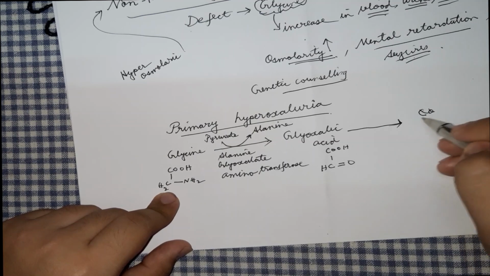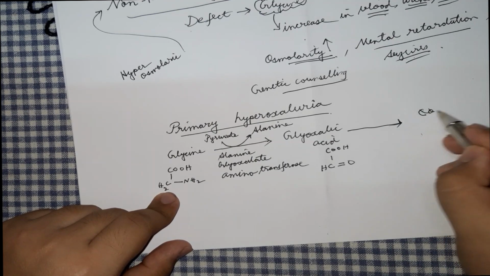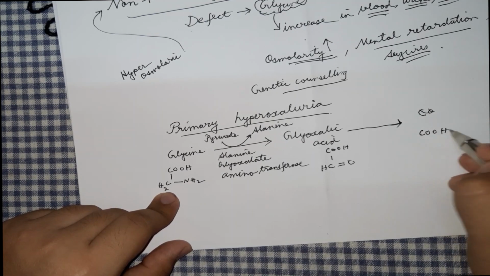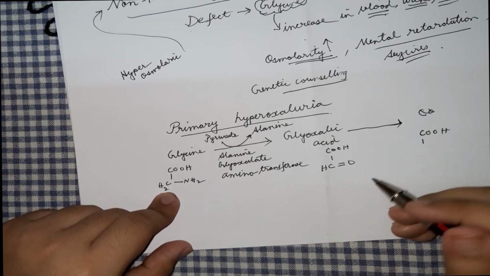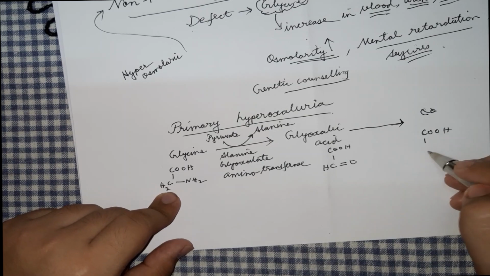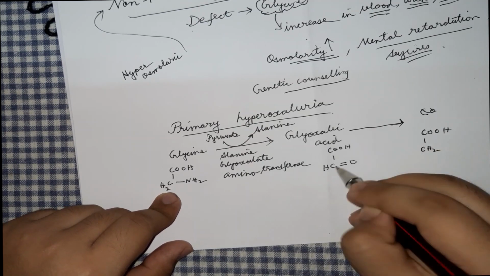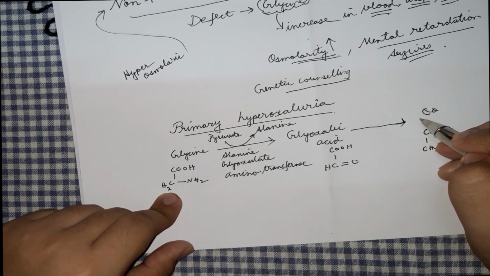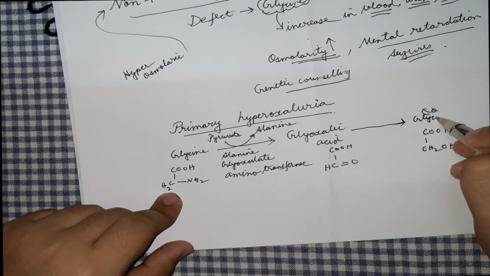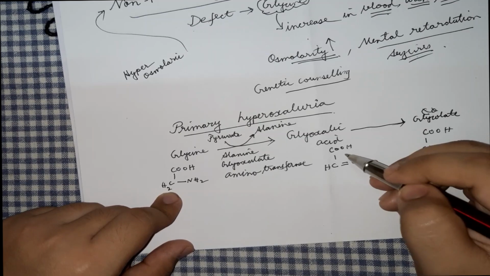Let me write the name of the product here and the molecular structure here. So if this is an aldehyde group and an aldehyde is reduced, what does it form? It forms alcohol. So CHO becomes CH2OH, and the name of this is glycolate, right?